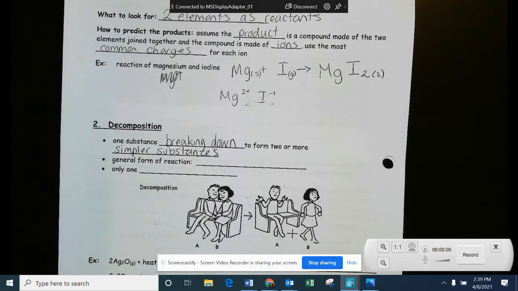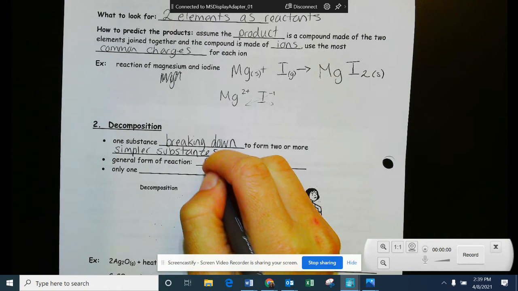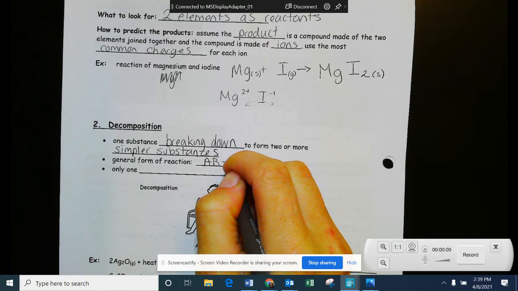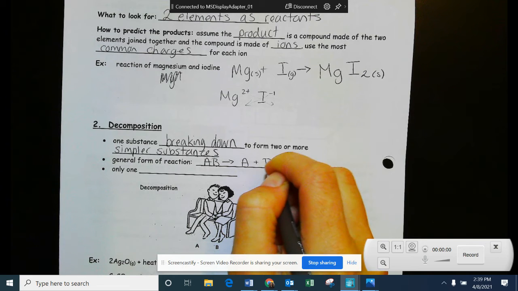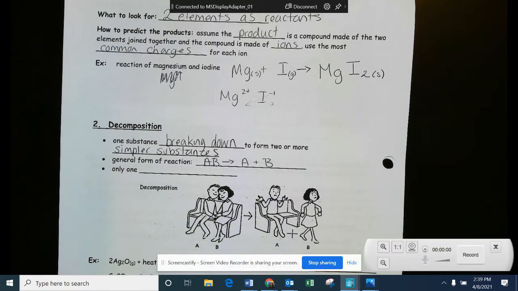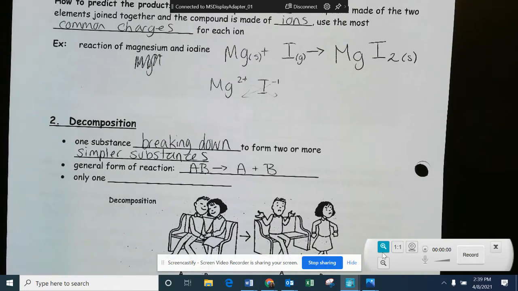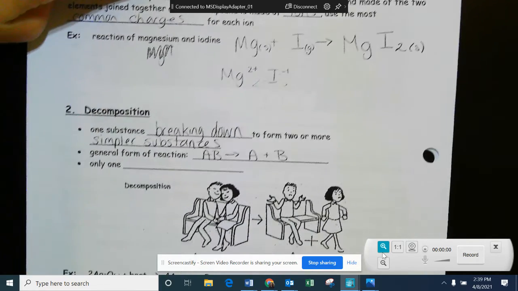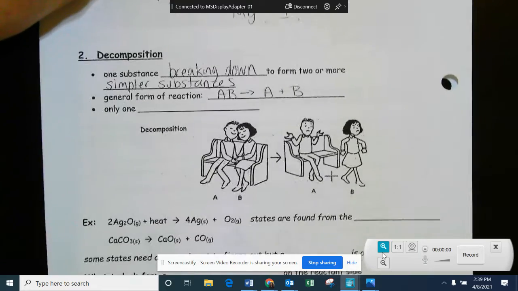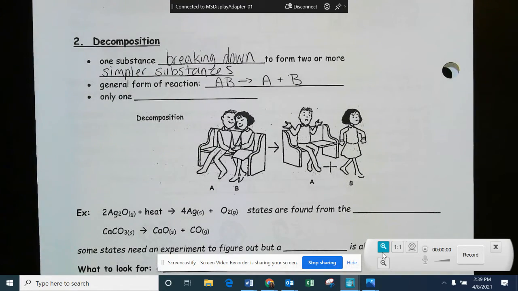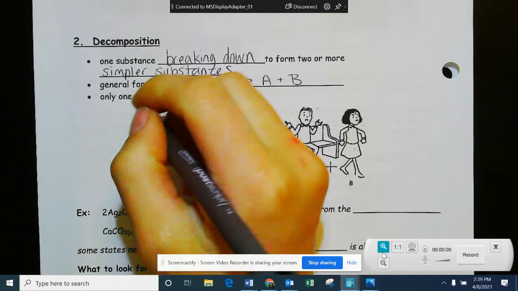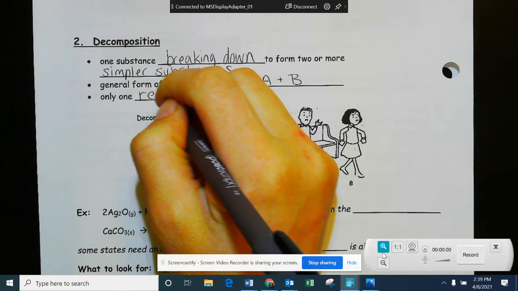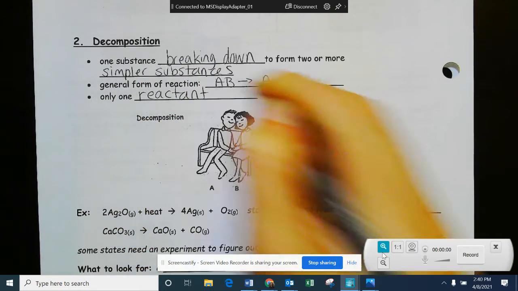So the general form of this reaction is AB goes to A plus B, opposite of synthesis. In synthesis, we had only one product, in decomposition, we have only one reactant.